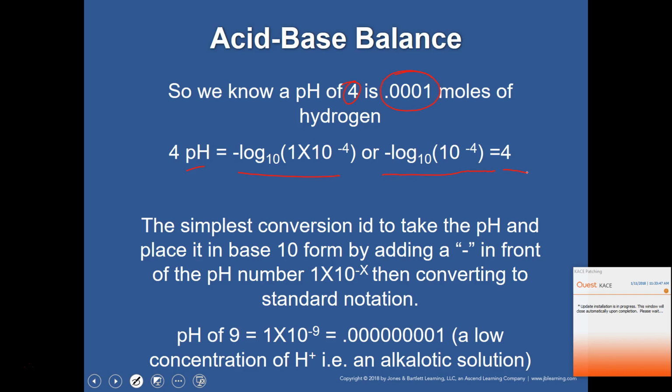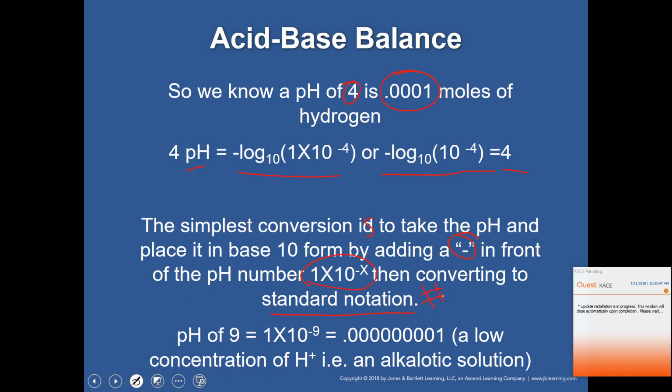The simplest conversion is to take the pH and place it in the base 10 form by adding the negative in front of the pH number and then putting it in this format. And then we can take that and convert it into a standard notation number. Okay?